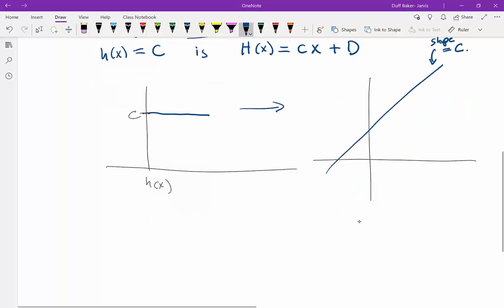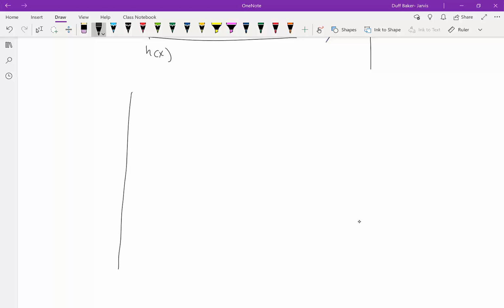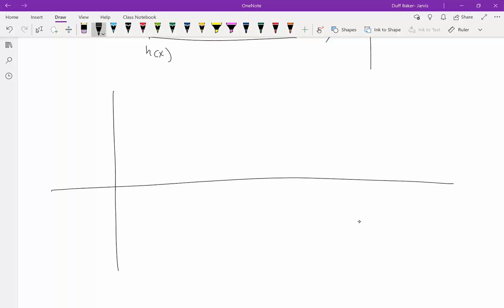And so the idea to take an antiderivative of a general function is of course more complicated. But what you do in general is, let's say we have some function f of x.